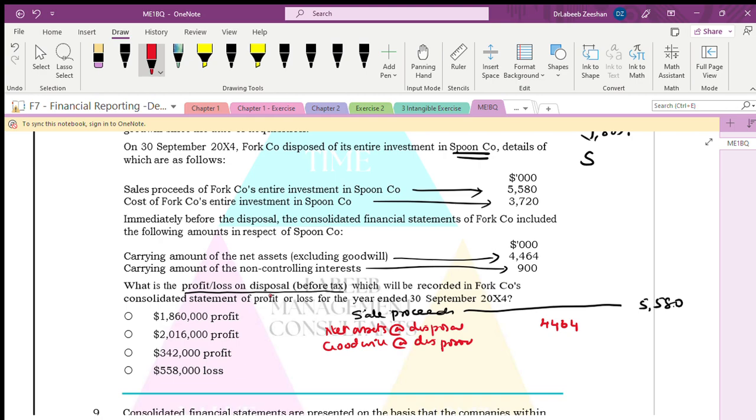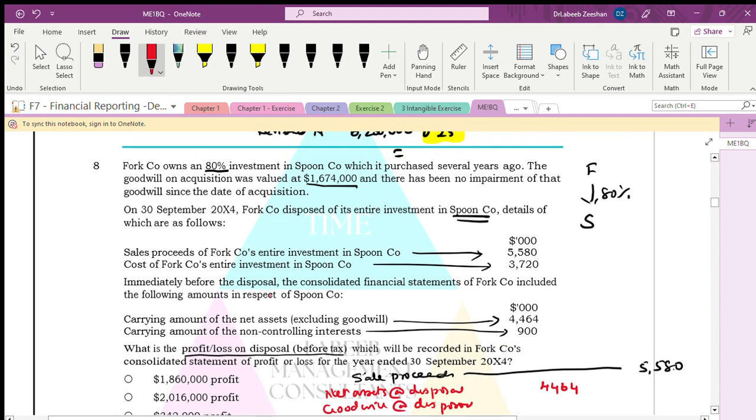Goodwill at disposal is 1674. Okay, we are taking it in thousands.